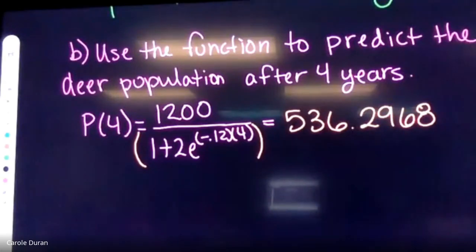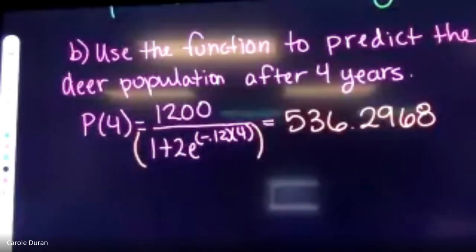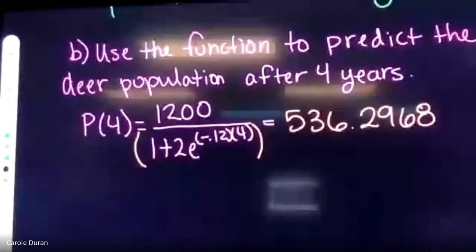I see. Okay, did we all get this to work out? No? You need to put the times 4 in the same parentheses that we said negative 1.